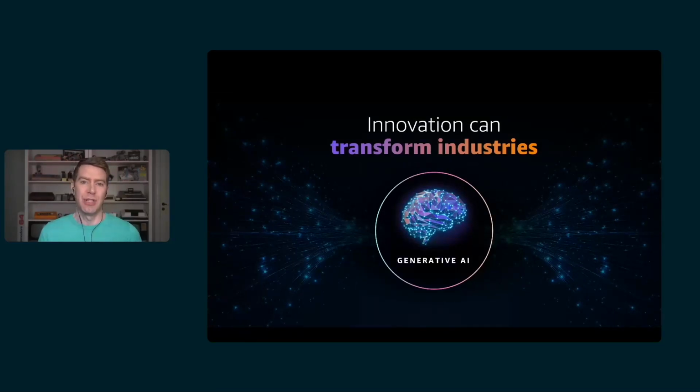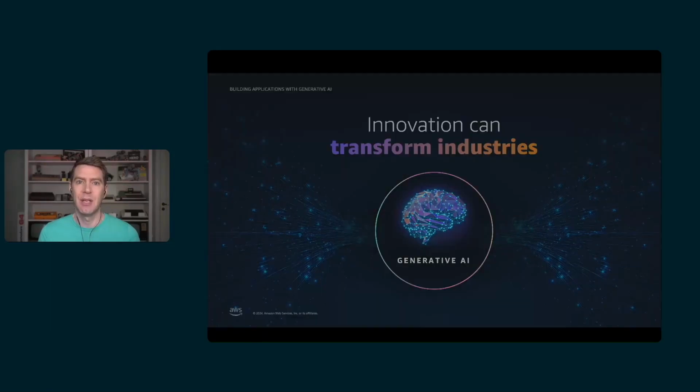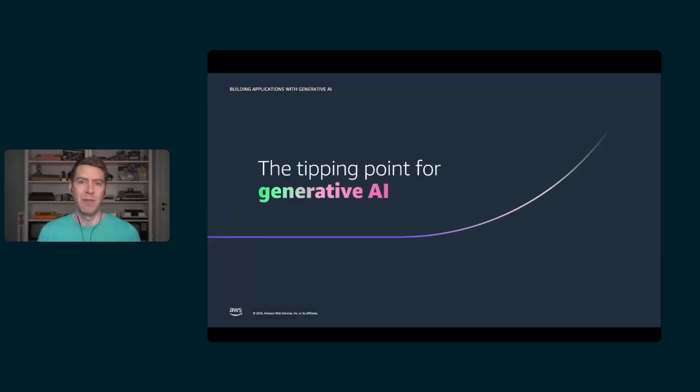So the potential of generative AI is incredibly exciting. There are all of these forecasts. Goldman Sachs has a forecast of a $7 trillion increase in global GDP, and it will lift productivity growth by 1.5 percentage points over the next 10 years. So the field of artificial intelligence has been around for decades.